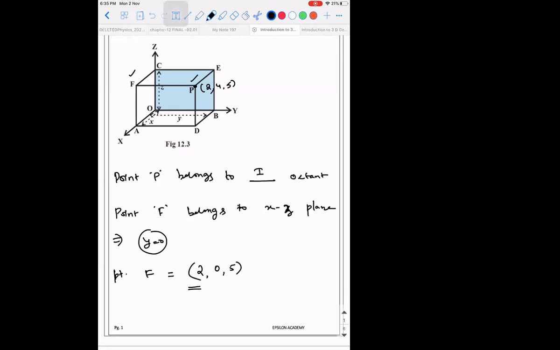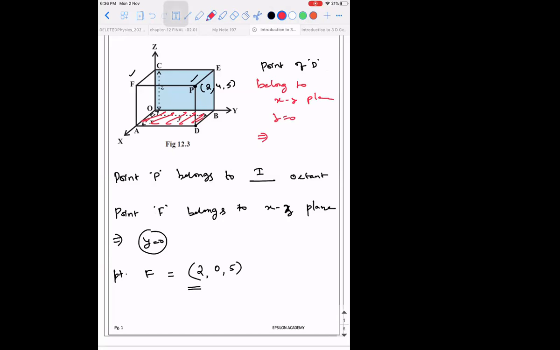Similarly, I want to extend this question. I want you to tell me the coordinates of point D. Point D is also parallel to P. But point D belongs to which plane? You're able to see this? Point D belongs to the XY plane.